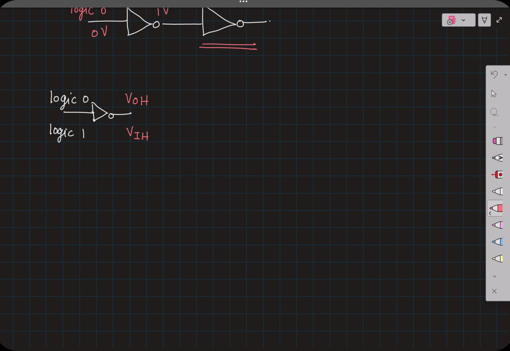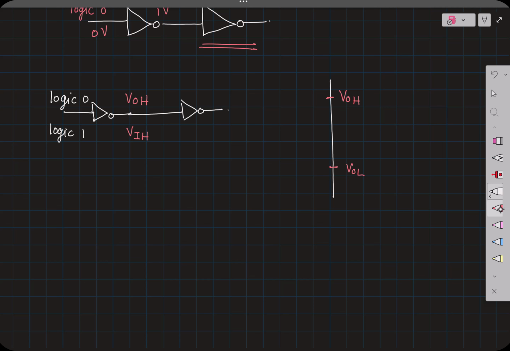Okay. So now if I take the possible range of voltages at the output, there is some voltage that is going to act as a V output high, and there is some typical voltage that we will call the V output low. Now let's say I cascade this with another inverter.